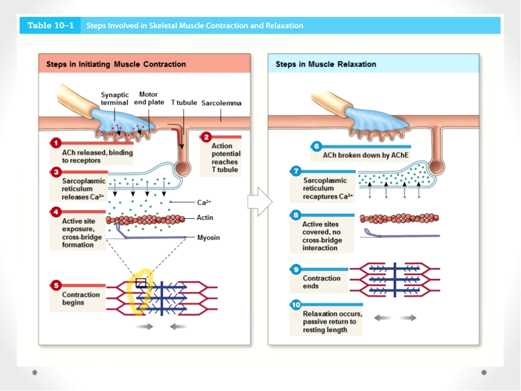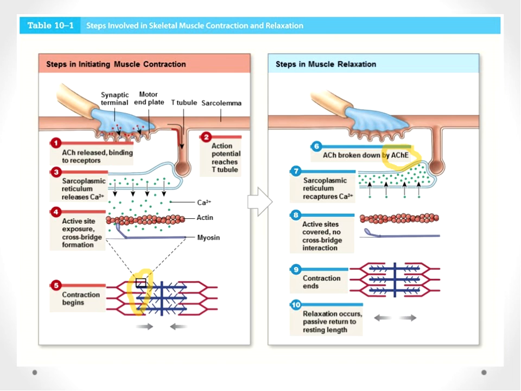So this is just a summary slide. Again, the three critical pieces of getting a muscle to contract are the neuron talking to the muscle, releasing calcium, and calcium and ATP allowing actin and myosin interaction. Getting it to relax, acetylcholine is taken away by the enzyme acetylcholinesterase. So the acetylcholine is chewed up and is no longer binding to its receptor.